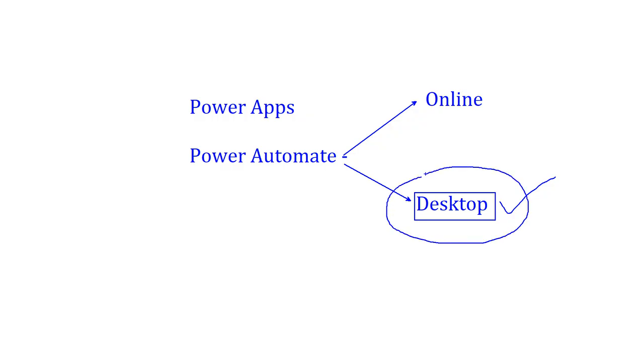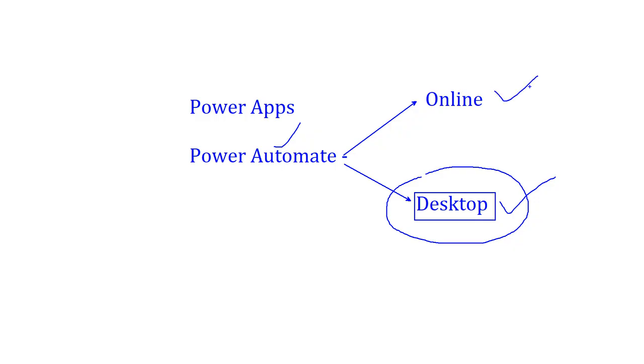Power Automate has that feature, but unfortunately in Daimler, we don't have the option of automating your desktop files. Desktop files and desktop folders cannot be automated here. So in these 2 days, we are not going to learn desktop automation. We are going to learn only online automations.